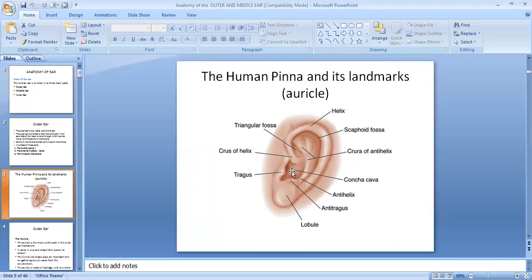This is the concha through which the sounds travel into the external auditory canal and then into the tympanic membrane. This is the tragus, and opposite to the tragus we have antitragus. This is the triangular fossa.